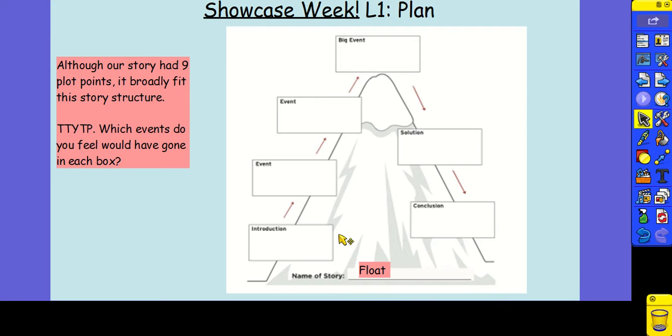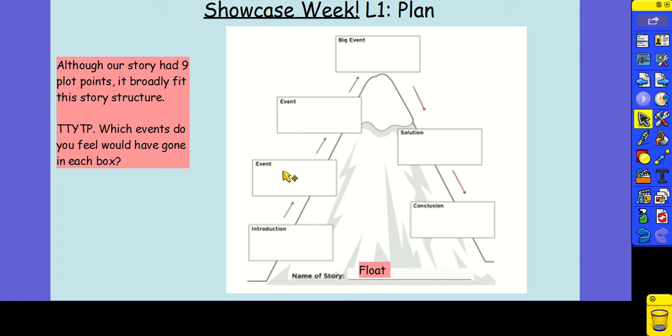Now, I have included this picture of a story mountain, and we looked at this story mountain at the beginning of our unit. A story mountain shows the structure of a story. So very often in stories, we have an introduction where our main character is introduced. At the big event in our story, our main character faces a problem.